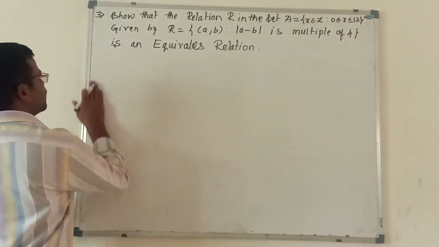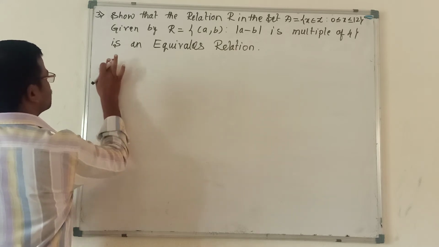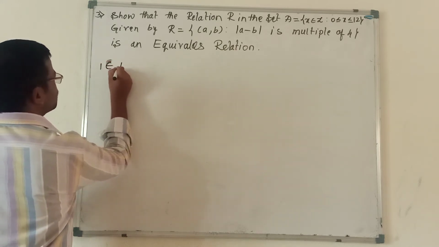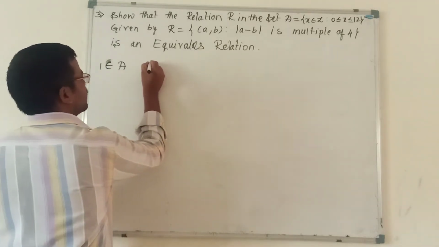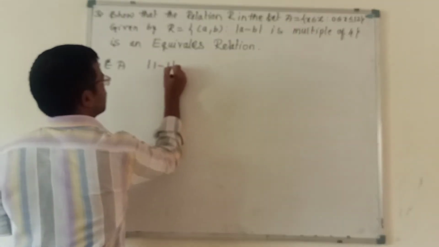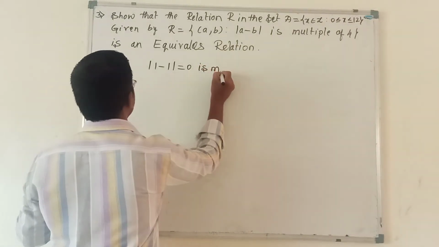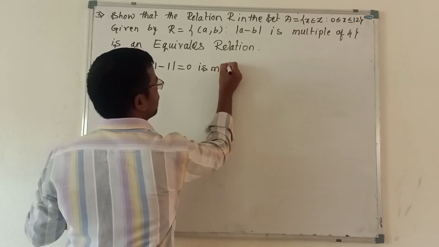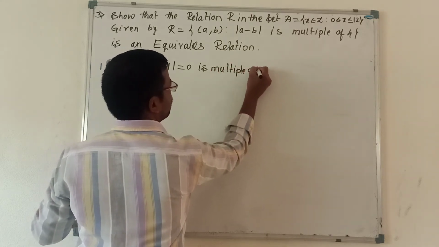For example, 1 belongs to A, then mod 1 minus 1 is equal to 0, which is a multiple of 4.